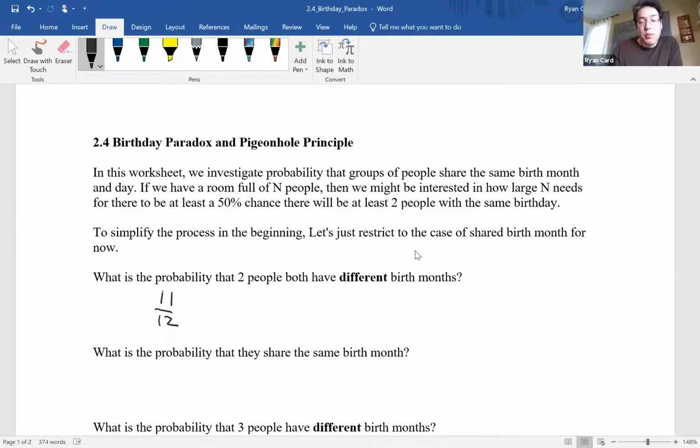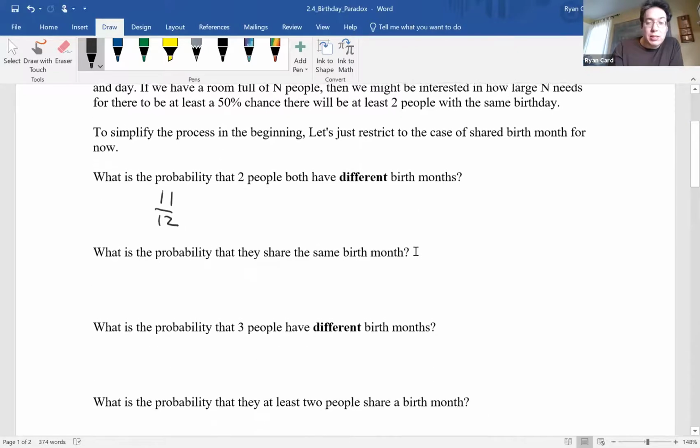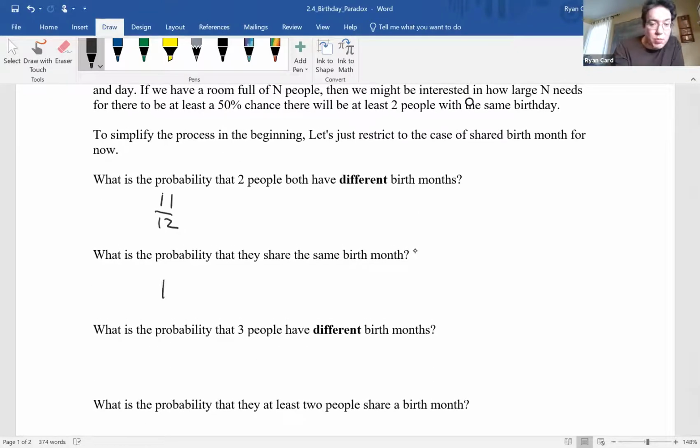The reason we're focusing on the opposite probability is that it turns out to be easier to compute than the probability that somebody shares a birth month, as you might see in a second. So if there are two people, the probability that they have different birth months is 11 out of 12, and the probability that they share the same birth month is 1 minus that, which is 1 in 12.